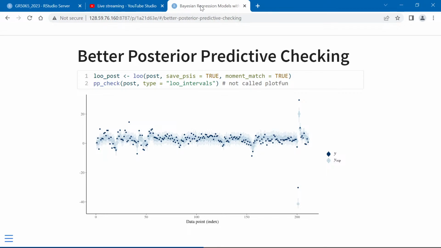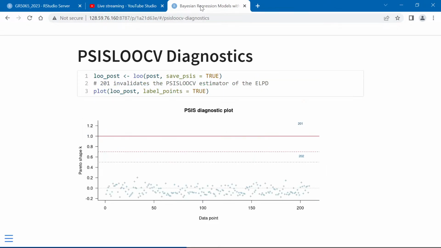So if I'd said reloo equals true, it would refit this model twice. It would leave out quarter 201 and refit it, and then it would do it again, putting in 201 but leaving out 202. So it would do literal leave-one-out cross-validation for just those two.